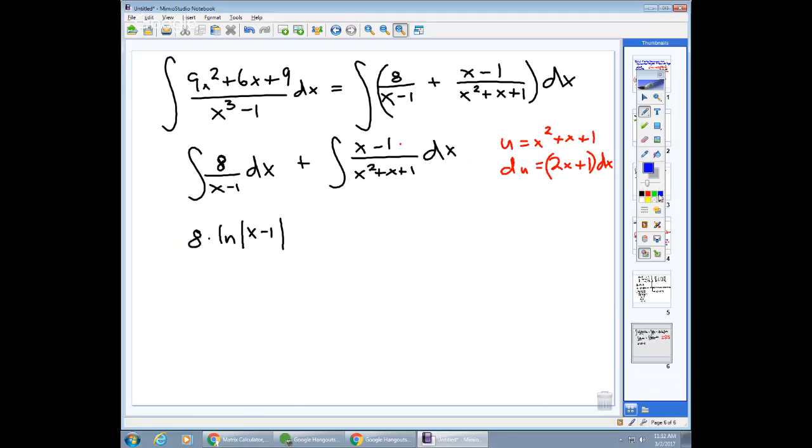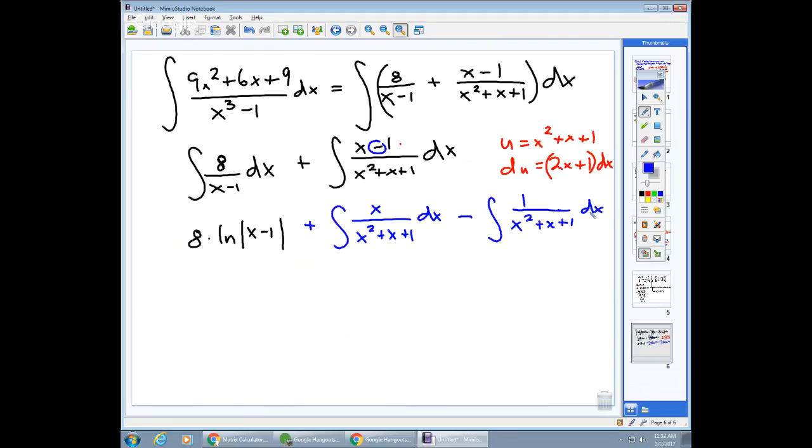Another option is to break this into two integrals. Because we have a minus in the numerator, we could say this is the integral of x over x squared plus x plus 1, minus the integral of 1 over x squared plus x plus 1.